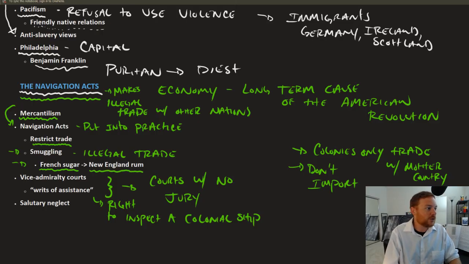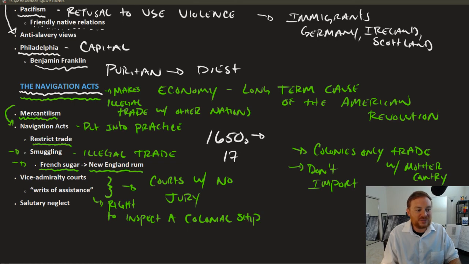Now, here's the kicker: even though these laws were on the books roughly from the 1650s, we have to think 1650 to 1776, because that's when independence is declared. For over 100 years, the British were essentially restricting where the colonists could and could not trade. However, for the most part, they did not enforce the law.